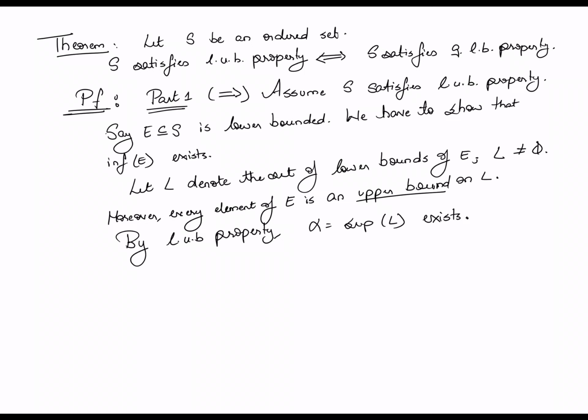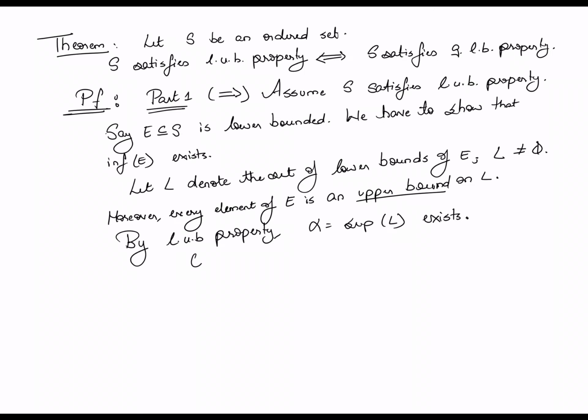Again, I want to prove that E has an inf. In the process of proving that E has an inf, we first defined the set of all lower bounds on E. It's trivial to verify that that set is non-empty and also bounded from above. Now, because S satisfies the LUB property, the supremum of L therefore exists. I'm just calling it alpha.